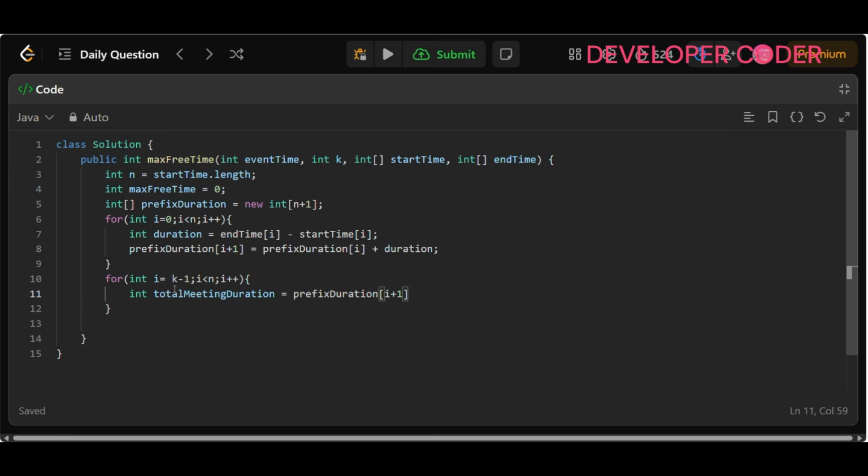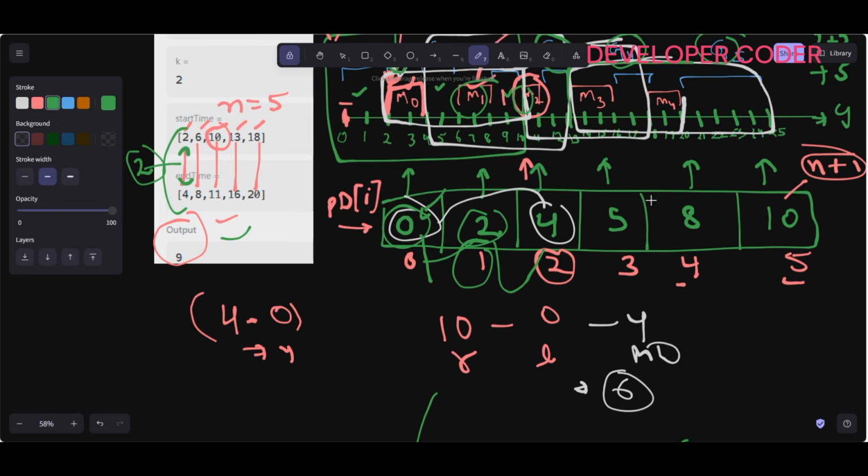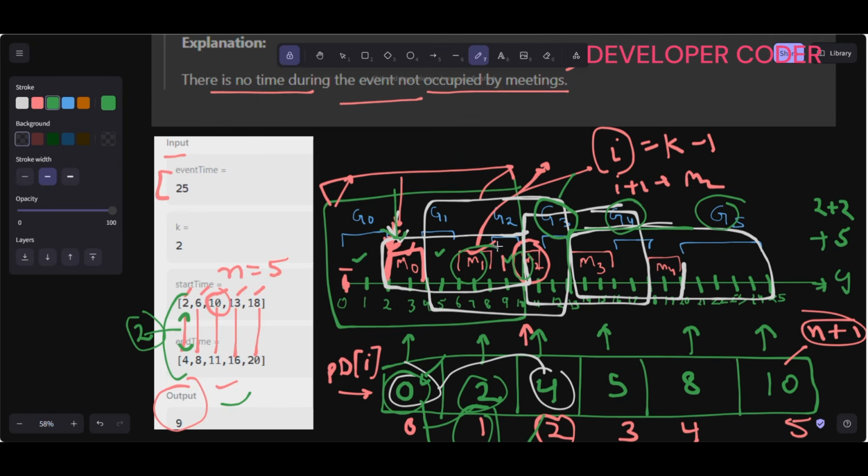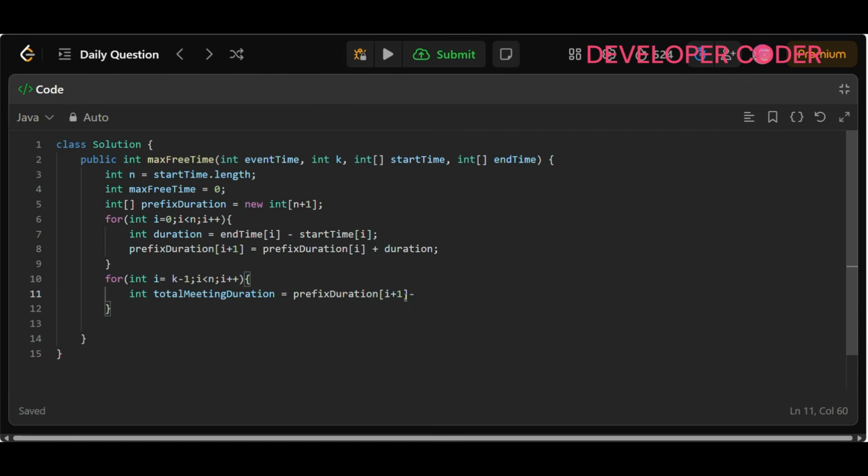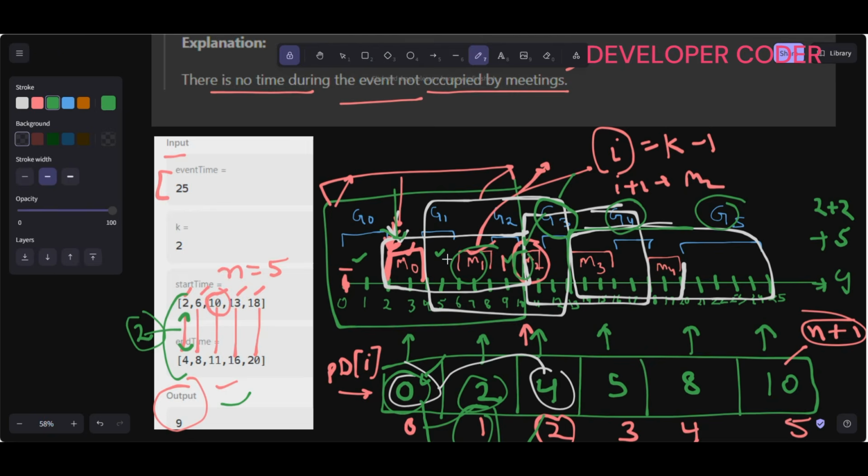This is nothing but the right side. If I'm taking m0, m1, so this one, i plus 1, this one, the start of this. So prefix duration of i plus 1. Before that, how many meetings are there? After that, I need to write prefix duration, and here I'm starting with i is equal to k minus 1. So before this is nothing but 0.